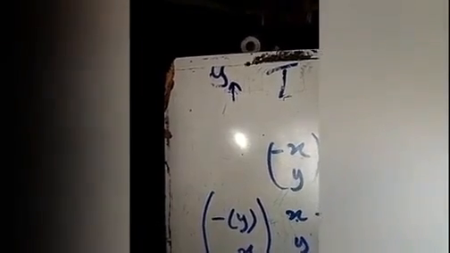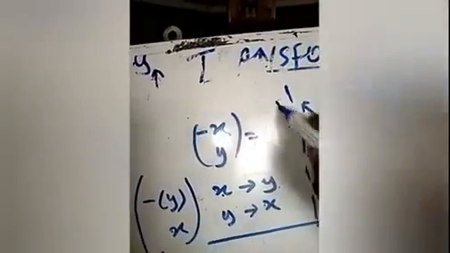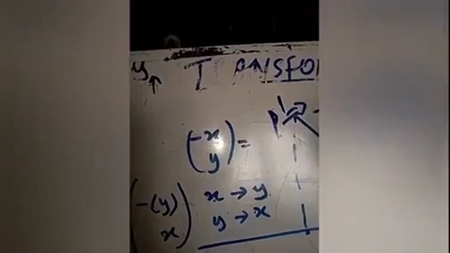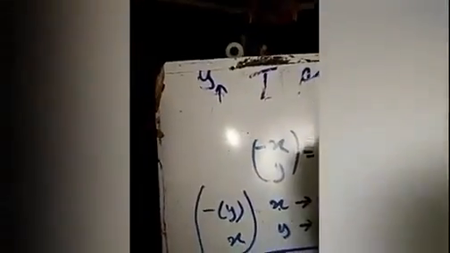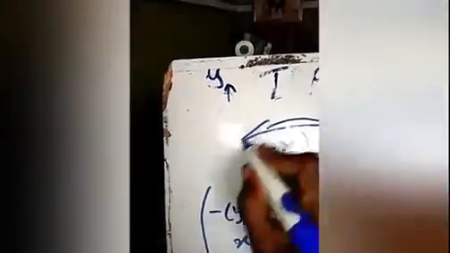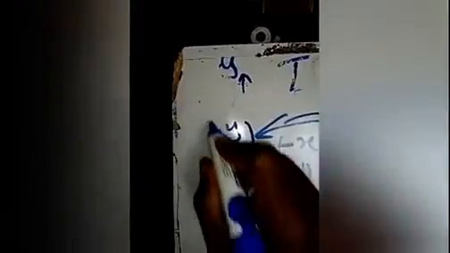So therefore, at p prime of this place, my value here will be minus of y column x.